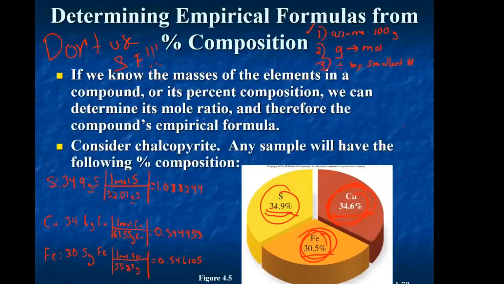So what does that mean? Which number is the smallest? That's literally what you do. You're like, oh, this number is the smallest. That is our smallest number. You divide all of them by that number. So this is what number 3 says, divide by the smallest number. This is our smallest number. This is what we divide by.